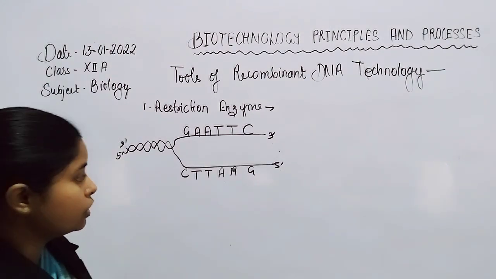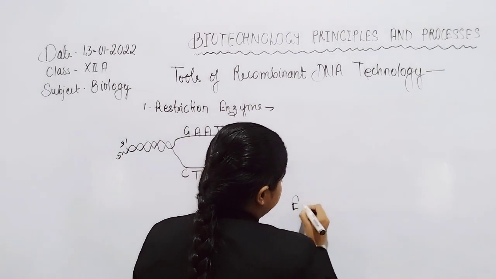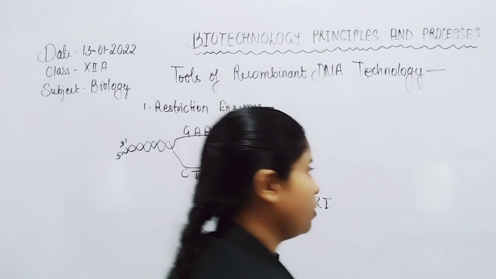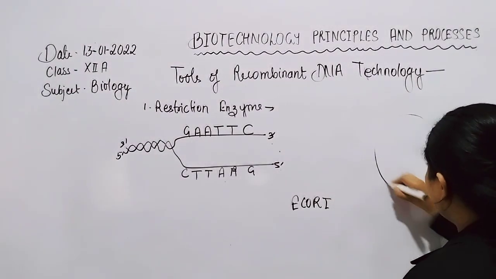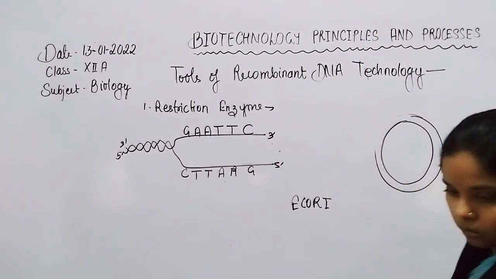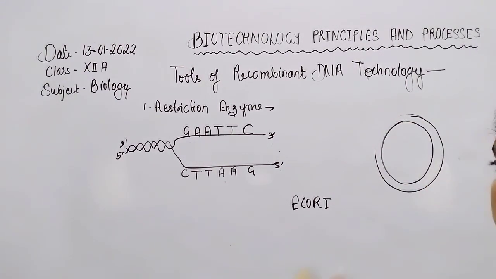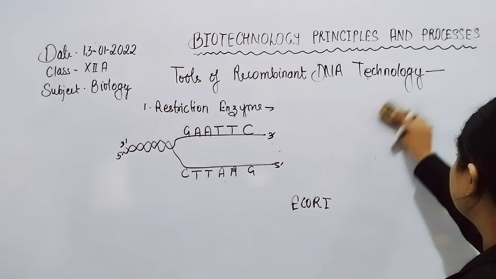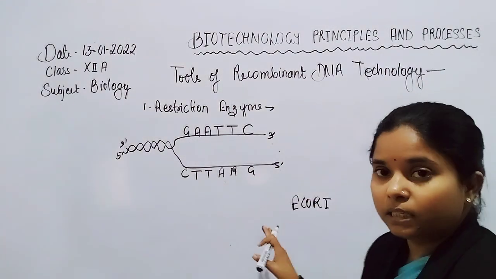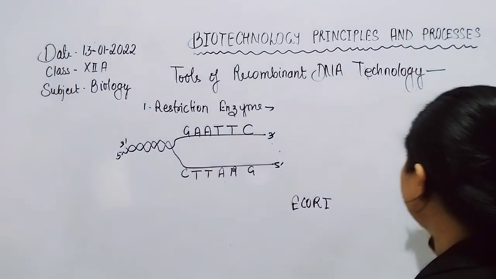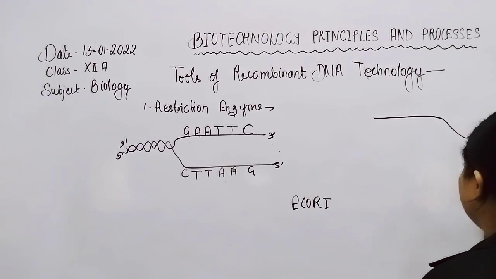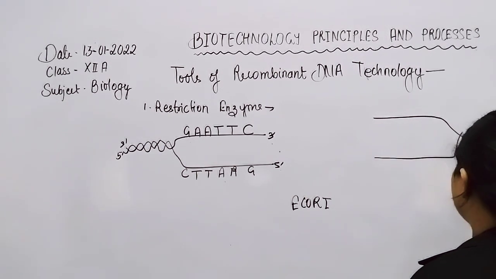For treatment with the same EcoRI, first, the plasmid should also have the same sequence. For example, it also has GAATTC. Here is the desired genetic material, and this one shows the vector DNA.